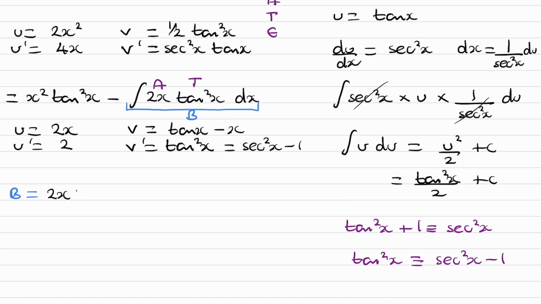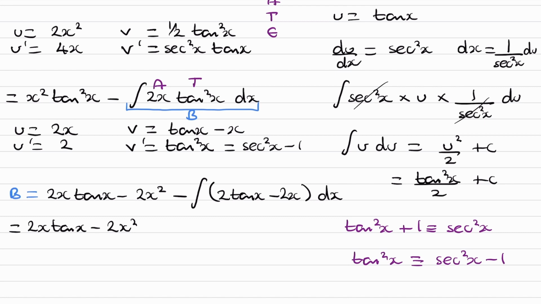So it'll be 2x tan x minus 2x squared. So that's u times v minus the integral of vu dash, the integral of this times 2. So 2 tan x minus 2x.